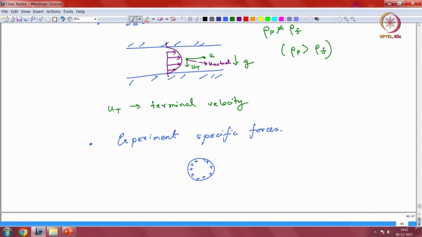Then what will happen? To preserve electrical neutrality, negative ions preferentially gather around the particle. There will obviously be positive ions also, but negative ions will gather preferentially.